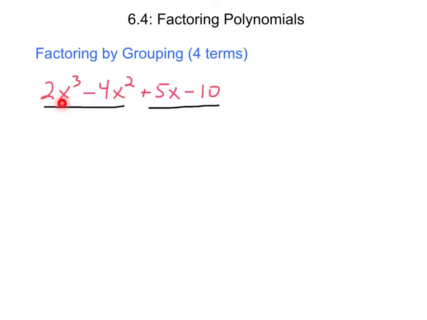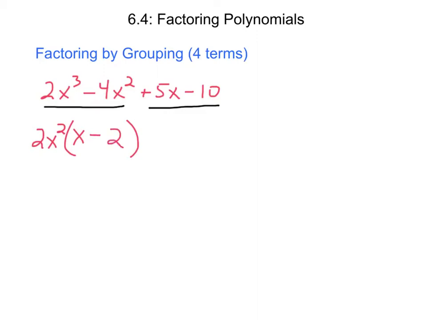And for the variables, x cubed and x squared, remember we said that you'd use the smaller power. So your GCF is 2x squared. And so you'll factor that out of just the first 2 terms. And you'll put a set of parentheses. And when you factor 2x squared out of 2x cubed, it leaves you with an x. And then a minus 2 for the second one.